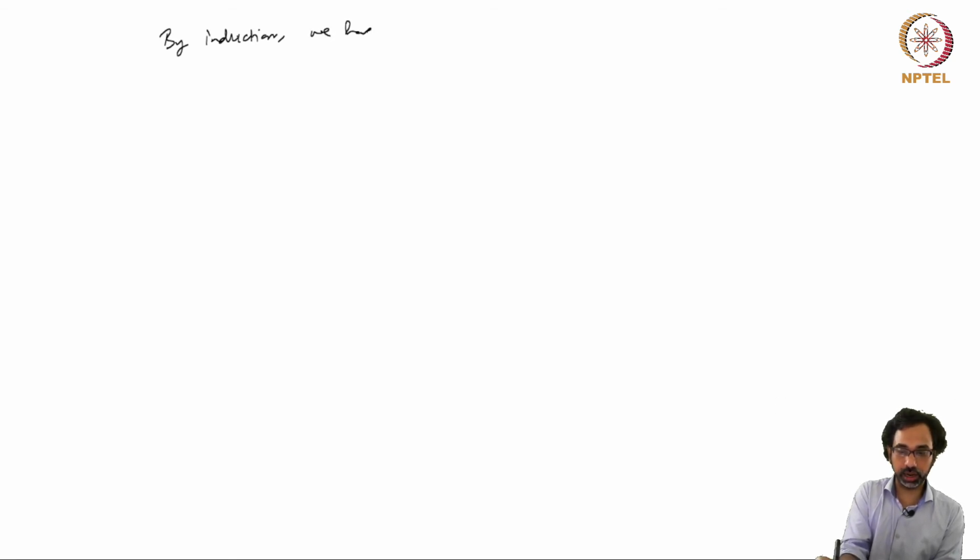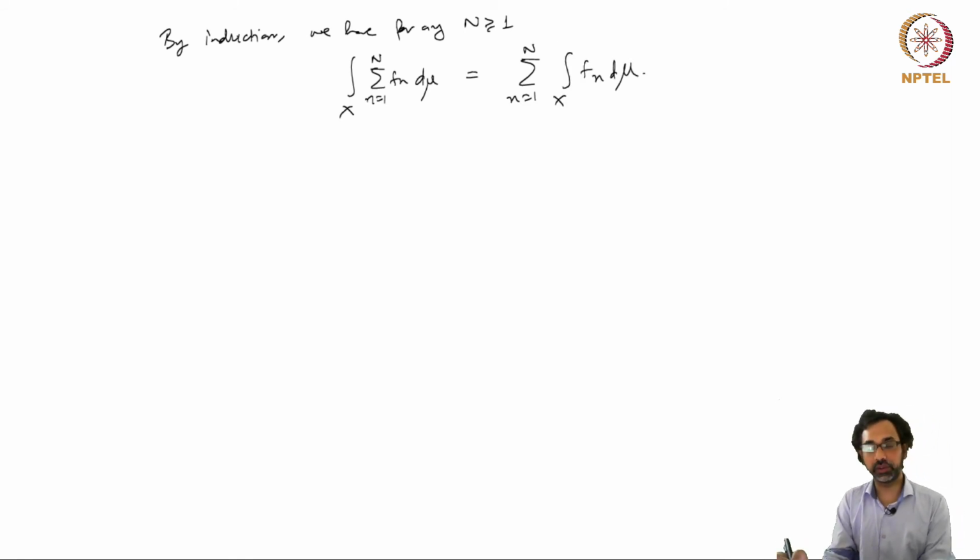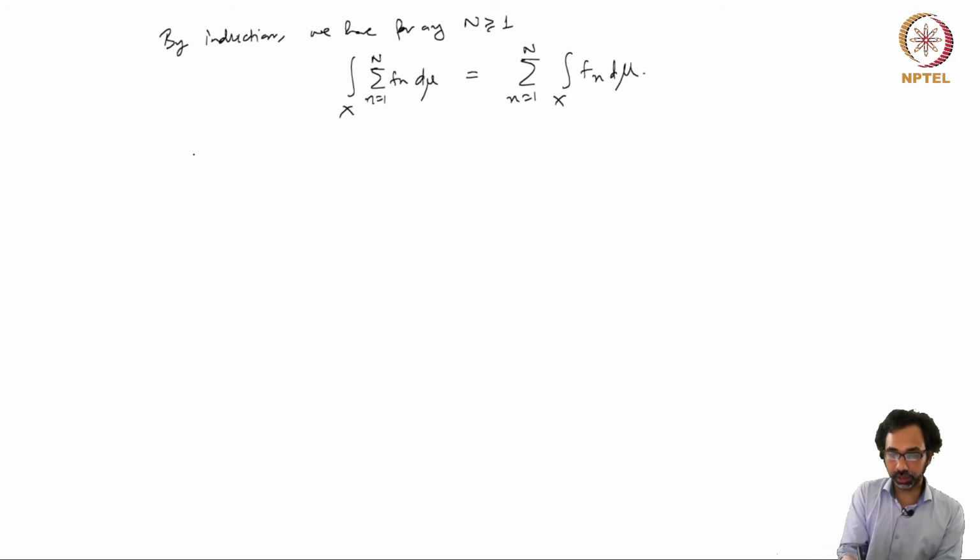we have for any N greater than or equal to 1, that the integral of the sum from n equal to 1 to capital N of f_n d mu is equal to the sum from n equal to 1 to capital N of the individual integrals of f_n d mu. So now we can take the limit on both sides.